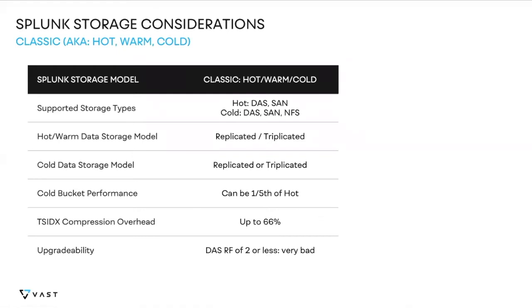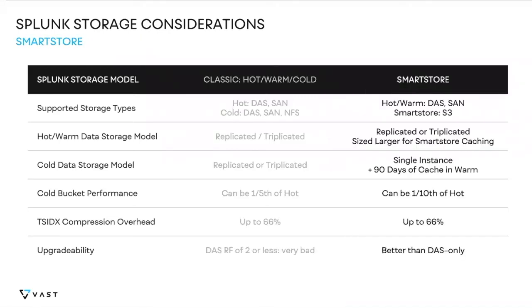And then finally, as customers go to upgrade, we've encountered customers that have pretty light replication factors, even some that are single instances of data within their indexers. And as you have a lower replication factor, customers have to move data around their cluster as they go to upgrade it. And that can be very bad from a time to upgrade perspective.